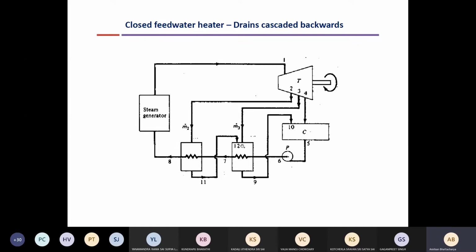So the steam is present within the shell, but outside the tubes, like a shell and tube heat exchanger. So the heat from the steam passes through the tube walls to the water. So the water temperature increases and the steam gets condensed into liquid water.